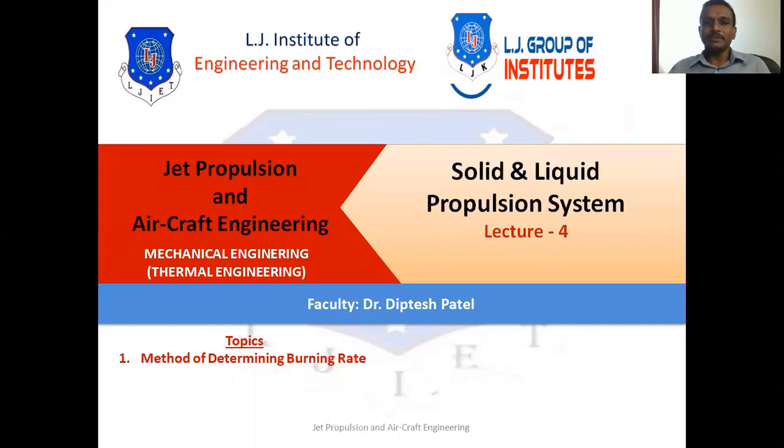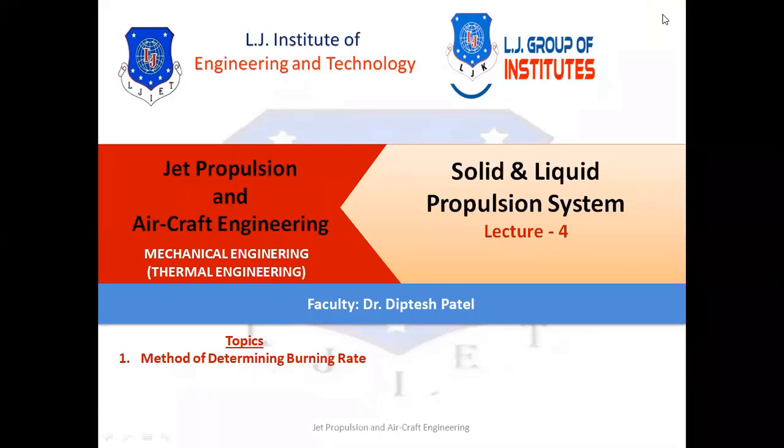Today in this video lecture we are going to see lecture 4 of solid and liquid propulsion systems, and in this lecture we are going to cover various methods of determining the burning rate. As we have discussed in the previous lecture, burning rate is a very important factor in the performance of rocket motors or engines, and the overall performance or thrust greatly depends on the burning rate.